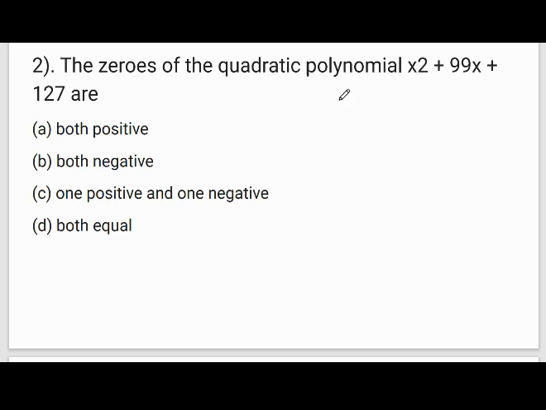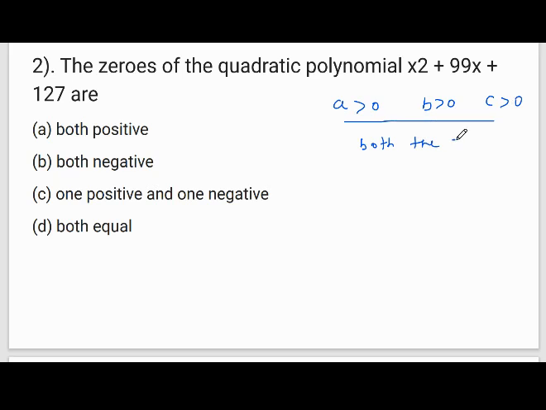If the coefficient of x square, like a, the coefficient of x, b, and the constant term c are all greater than 0, then we can say both the zeros are negative. That's why option B will be correct.